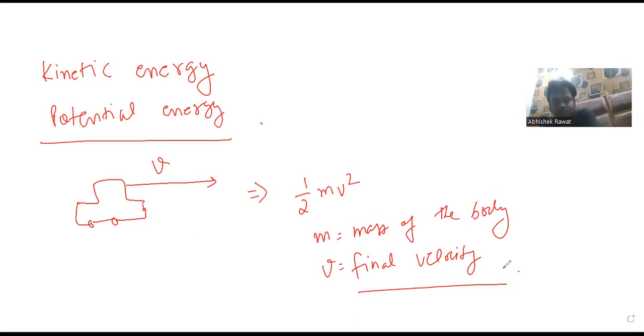We can have the derivation of this. We can derive this by using the concept of work, like if the body is moving in a particular direction, with the help of kinematic equations. But generally the derivation doesn't come in the exam.